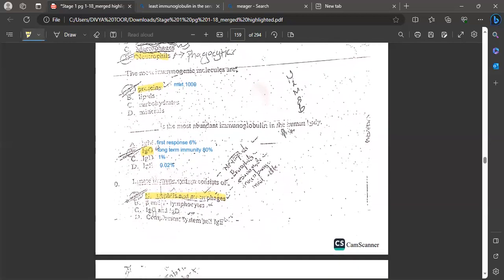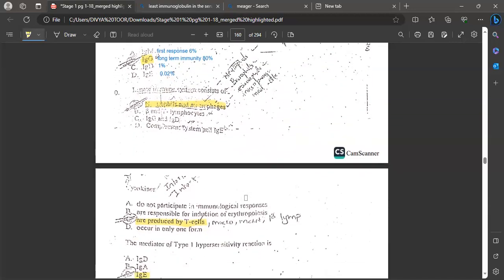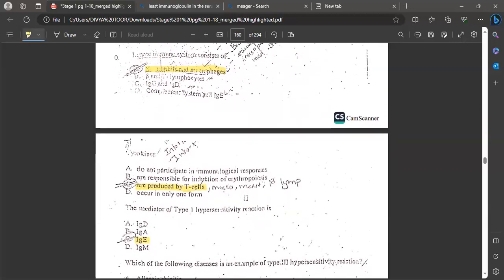The innate immune system consists of neutrophils and macrophages, B and T lymphocytes, IgD and G, the complement system, and IgE. It's neutrophils and macrophages. Cytokines do not participate in immunological responses, are responsible for induction of erythropoiesis, are produced by T cells, and occur in one form only.